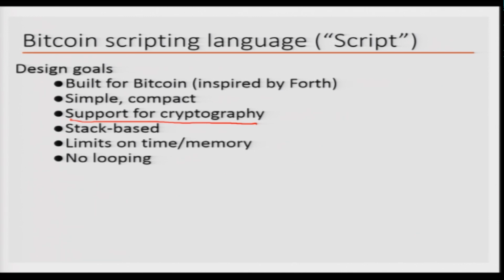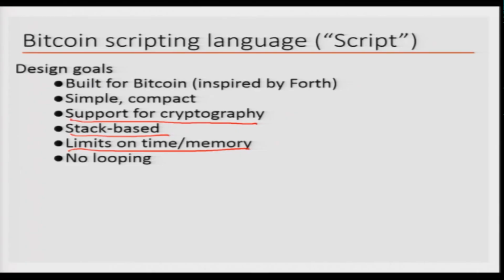In that sense the instructions are pretty powerful, but it is stack based, and every instruction is executed just once, so the time and memory are linear in the size of the script.